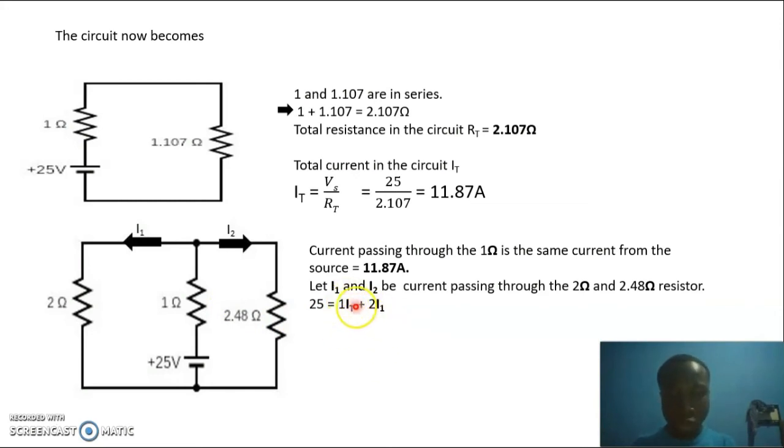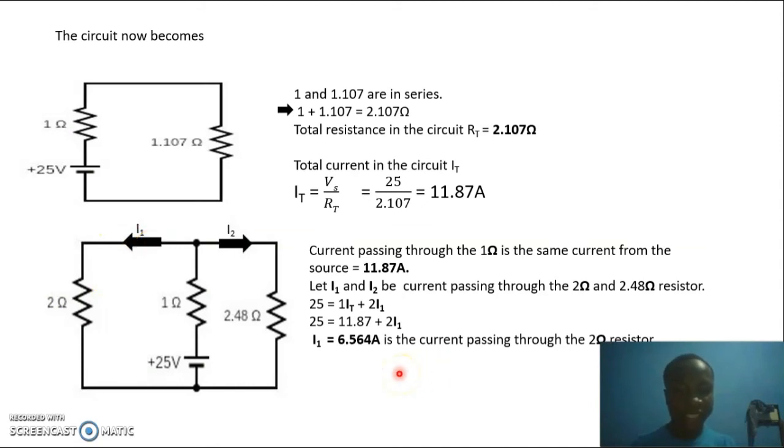So we know the current through the 1 ohm, so we multiply by the resistance, which is 1, then we can get our total voltage there. So when we get the total voltage, we can also get the current through the 2 ohm. So we can see the current through the 2 ohm, which is I1, will be 6.564 ampere. So 6.564 ampere is the current to the 2 ohm resistor.